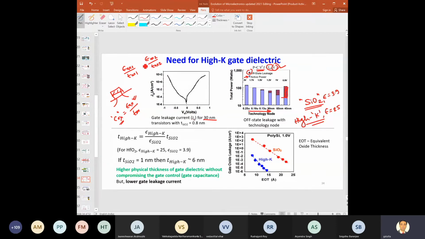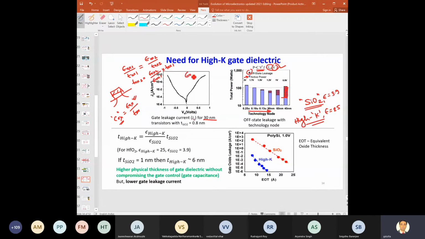If the capacitance offered by both of them is the same, and we have to find Tox2, then Tox2 becomes epsilon ox2 by epsilon ox1 into Tox1, right?